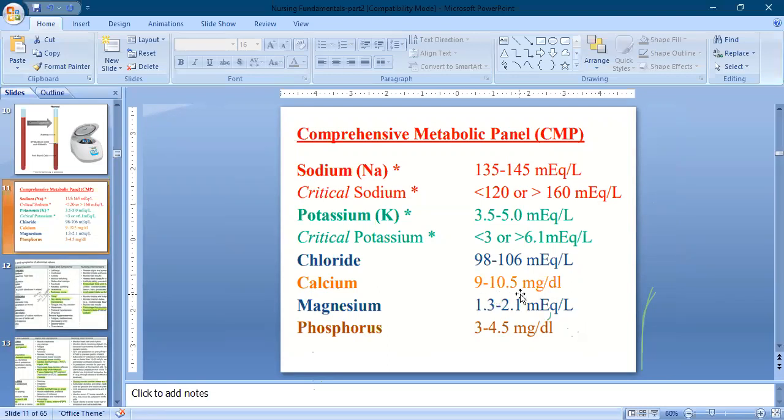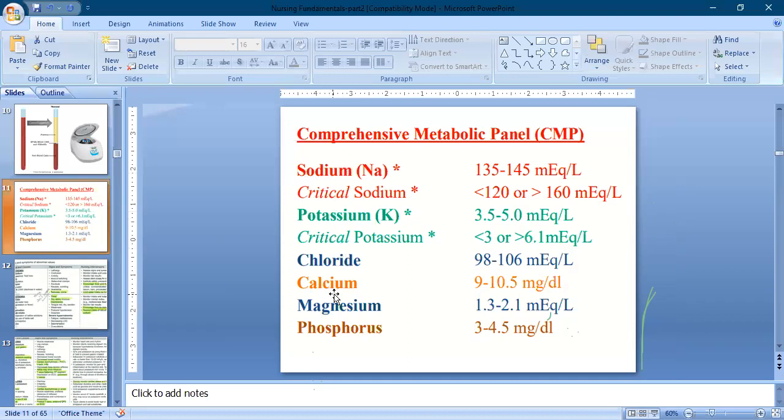Some books say it is 8.5 to 10.5. Okay, calcium. So the normal function of calcium and magnesium: they are important components of bone and teeth formation. They are important for nerve and muscle function like potassium and sodium.